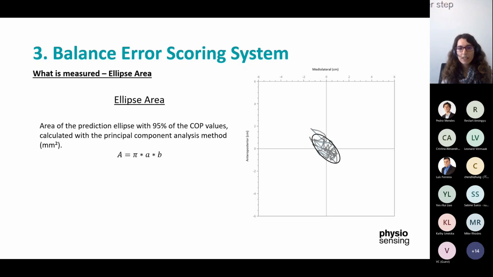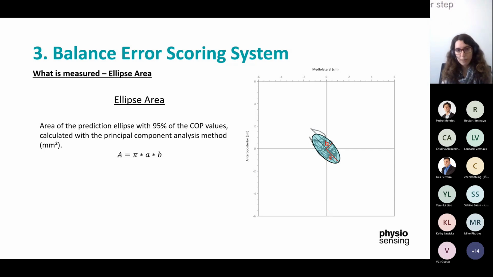Then we calculate the A and the B, the ellipse major and minor axes, with 95% of COP data points. If you are new to posturography or balance, this is an excellent metric to start analyzing, as it is very well known in the literature and a simple measure to understand.